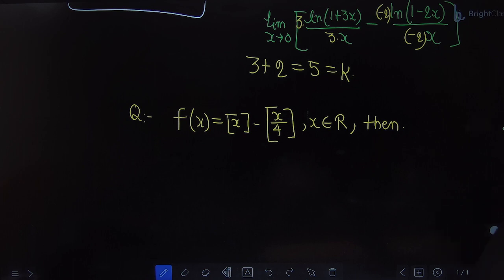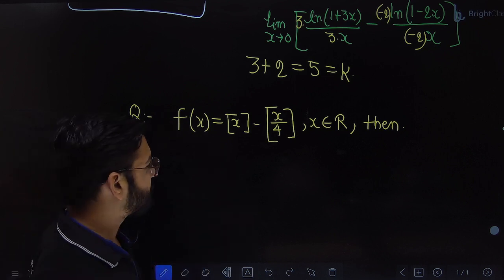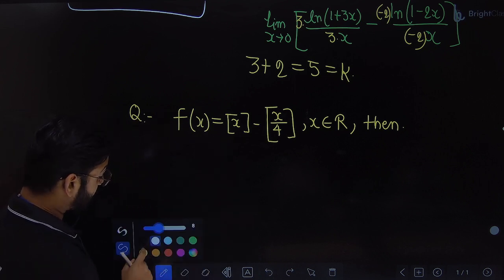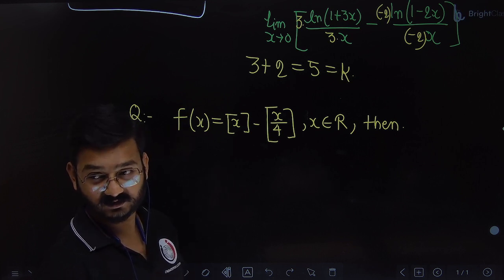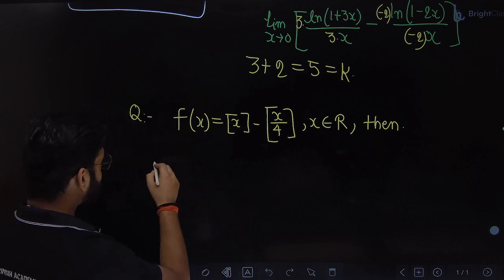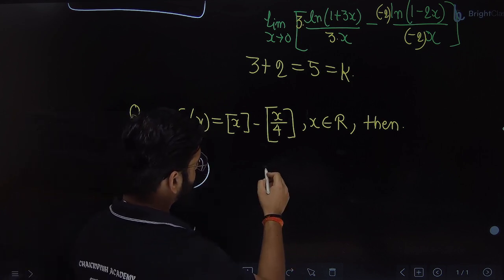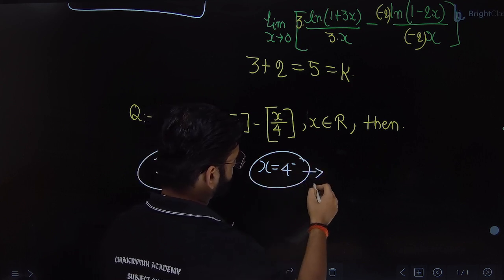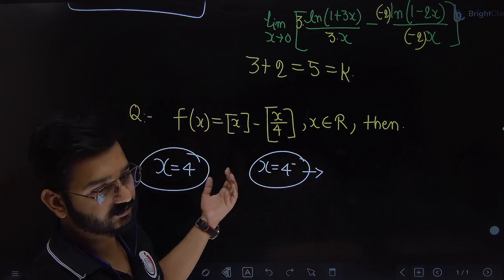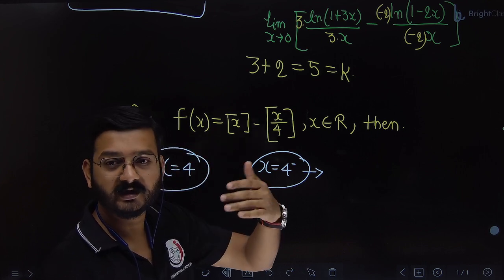Nothing coming. So let's discuss, it's a very simple question. There's nothing difficult in this, it's basic. If you use greatest integer, that doesn't make it difficult. At x equal to 4, for 4 minus, if I take any value which is less than 4, what will be the greatest integer of that?